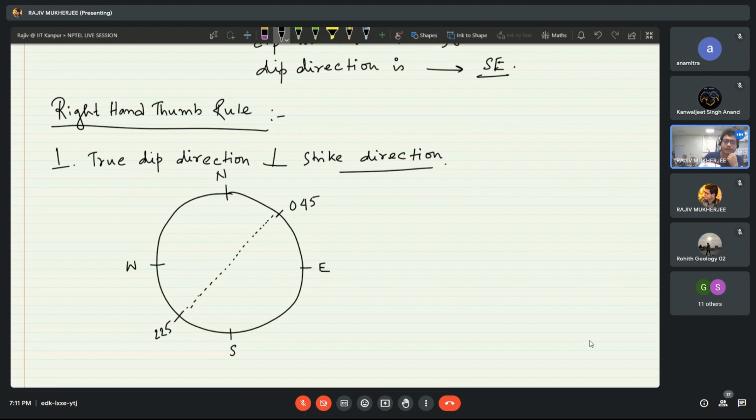The question is there. Should I measure the 90° this way, or should I measure the 90° this way? Which is the correct way?